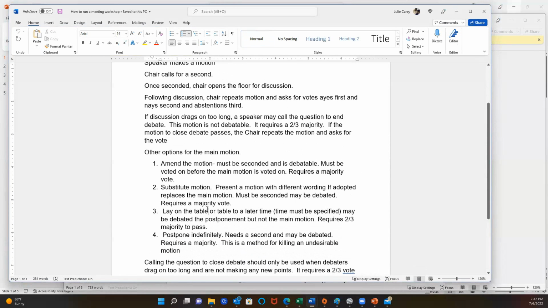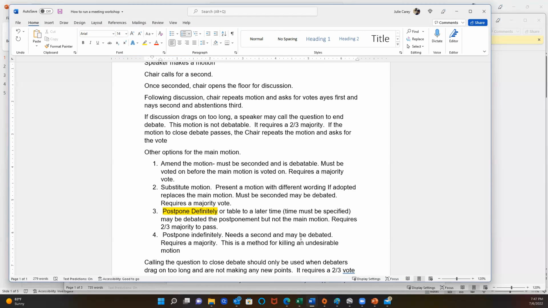Postpone definitely means you want to postpone it till a later time. It's not tabled at all. It's postpone definitely. Just take the table out of there. Then the time must be specified. And it only requires a 2/3 majority when it's a special thing.